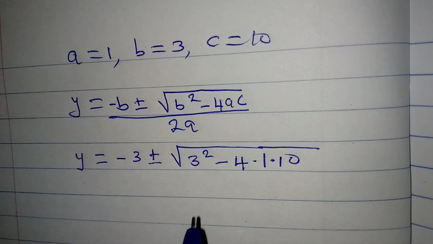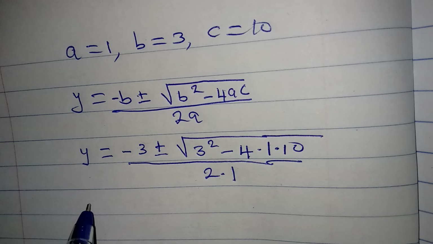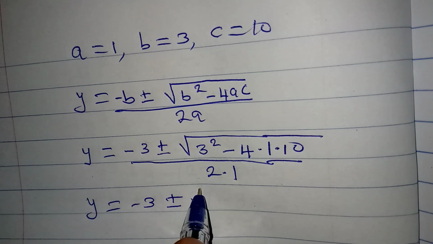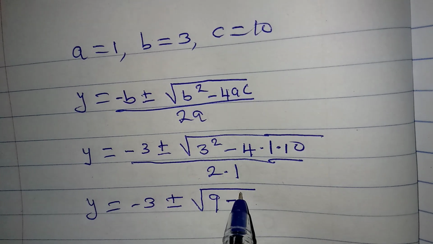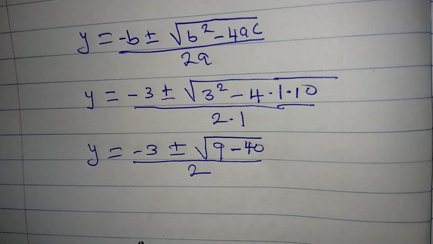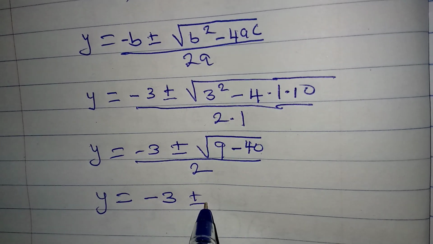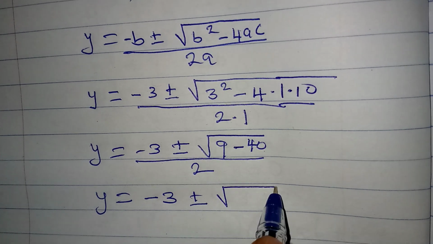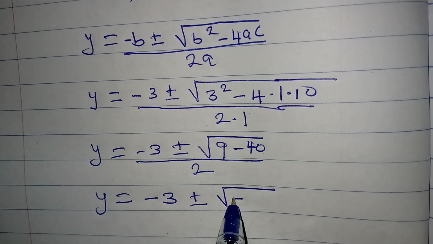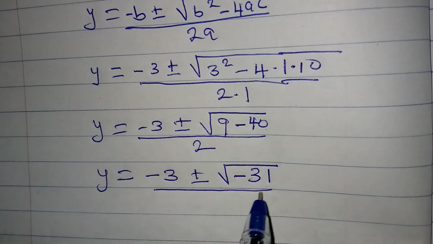Now let us continue. The whole of this will be divided by 2 times 1, meaning that y is equal to minus 3, positive or negative, square root of 9 minus 40, everything over 2. So if we continue, y will be equal to minus 3 plus or minus the square root of 9 minus 40. That will give us negative 31, right? And the whole of this will be over 2.